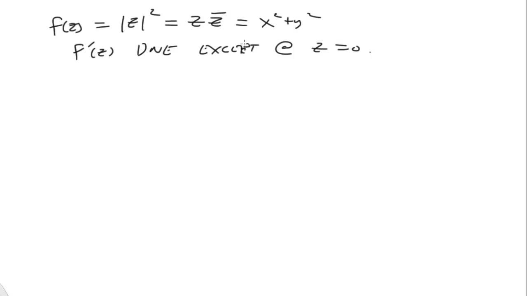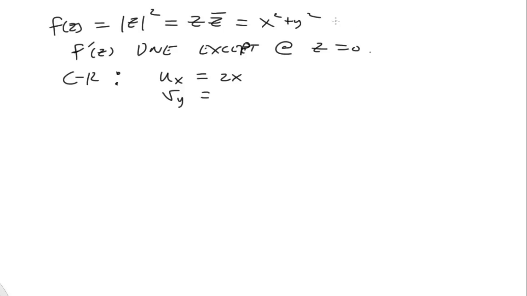We already established that in a previous video, so let's go back and check it. So let's do the Cauchy-Riemann equations, which are ux, in this case 2x. We know that vy has to equal it, and that's going to be equal to, so what is ux?